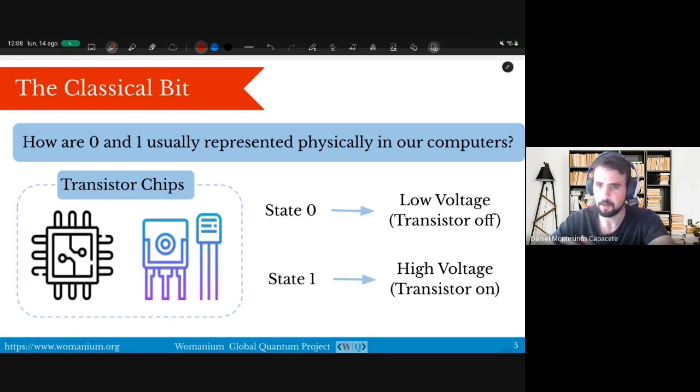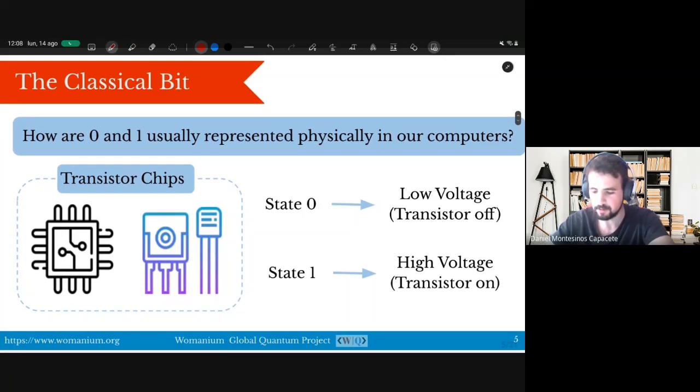I'm not going to describe in detail what a transistor is, but the only interesting thing for us is that the transistor can have two states. One state is when the transistor is off, and that means that it has a low voltage.